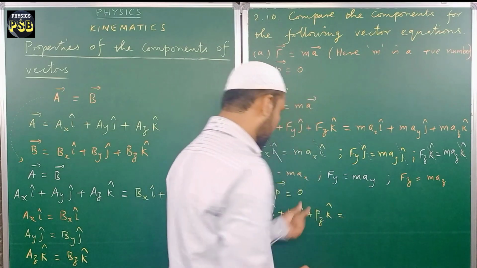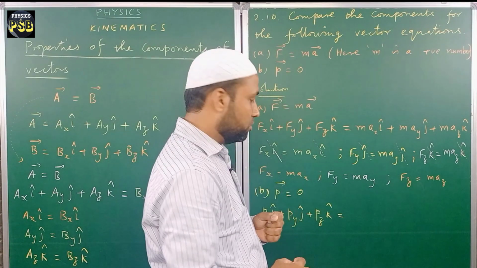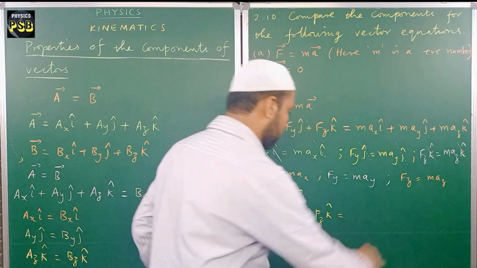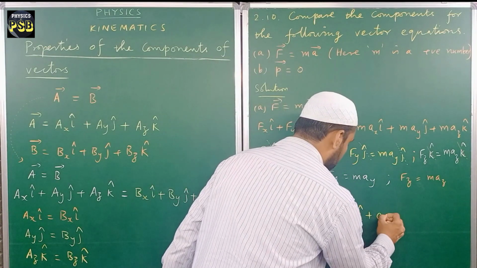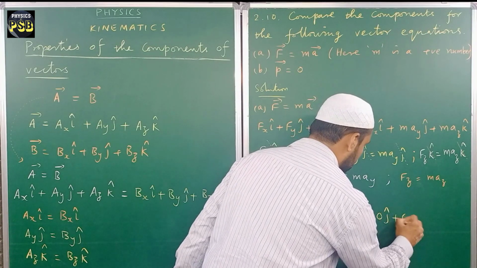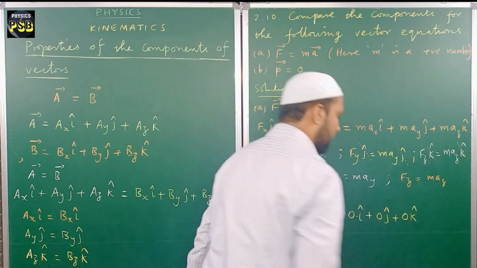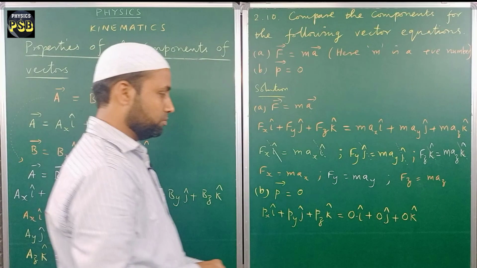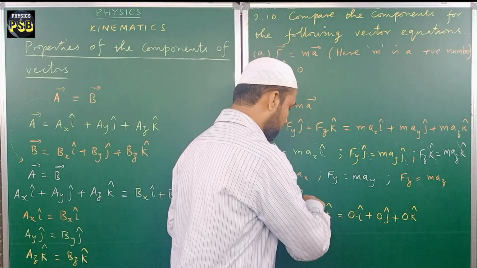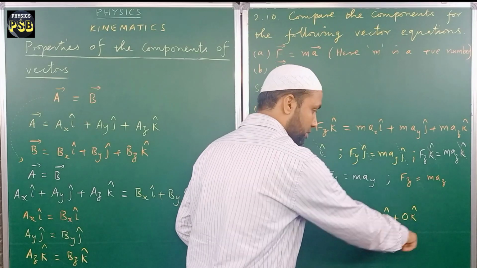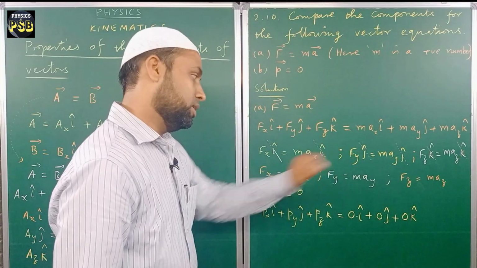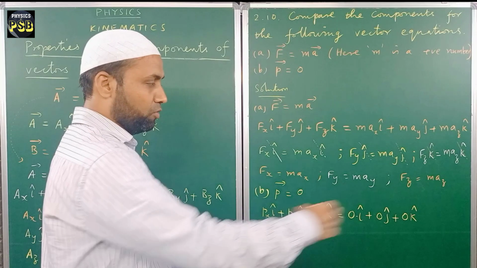That is equal to the zero vector resolved as 0 i cap, 0 j cap, and 0 k cap. This is the component of 0 along the x-axis, this is the component of 0 along the y-axis, and this is the component of 0 along k cap, that is along the z-axis.